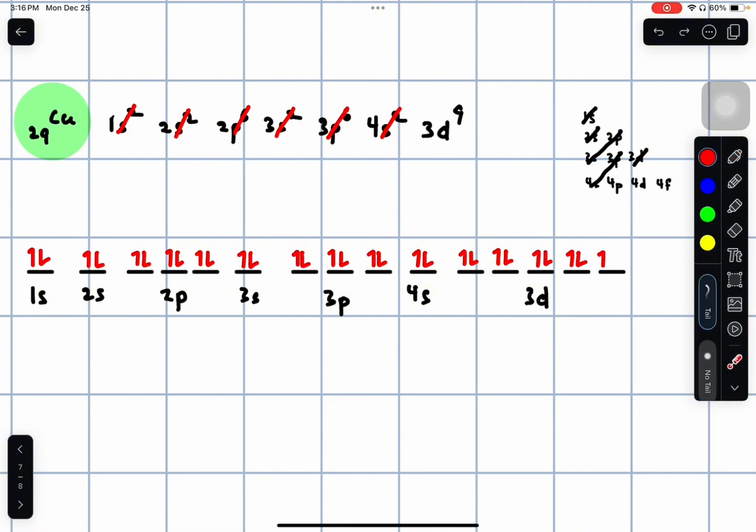When you take a look at this, we have a full atomic orbital here, but the 3d atomic orbital is neither half-filled nor fully filled. So the more energetically stable electronic structure for this would be for one electron from 4s to go to the 3d atomic orbital and make it a fully filled 3d atomic orbital here.